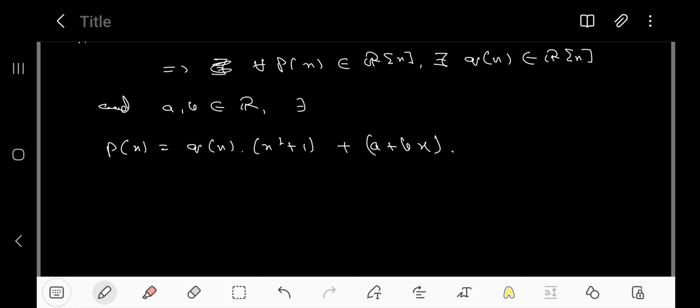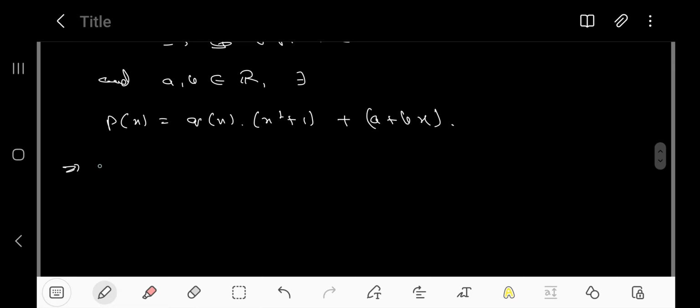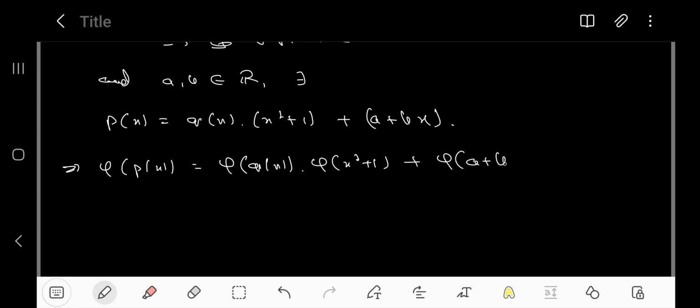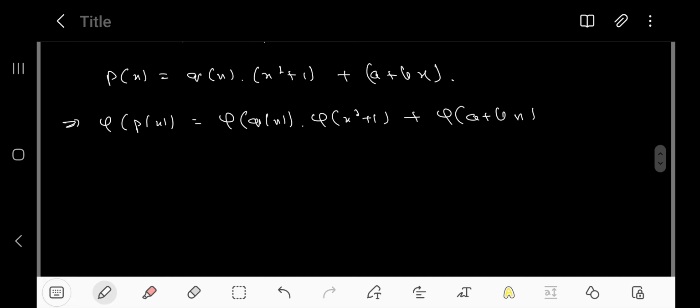Now, having done this, what will be the image of p(x) in the quotient field? So if you take phi of p(x), this becomes phi of q(x) times phi of x squared plus 1, plus phi of a plus bx, right? So phi of p(x) is in the quotient field, so we do not manipulate this anymore.